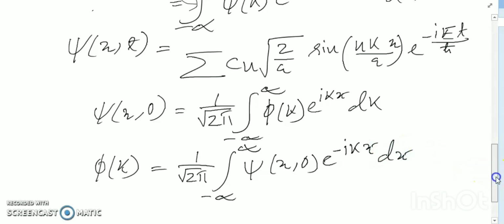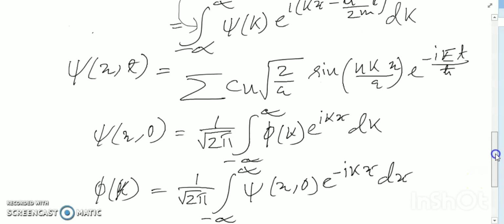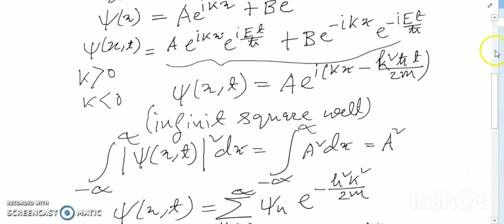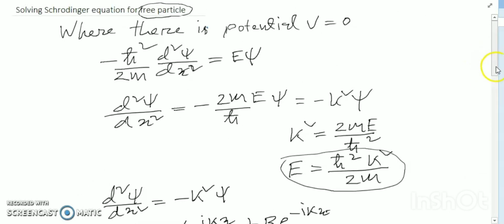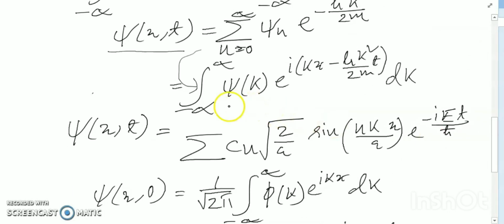Okay, so friends, you see this is the phi k value, and I will put this value into these equations because I got this value of psi of x comma t.